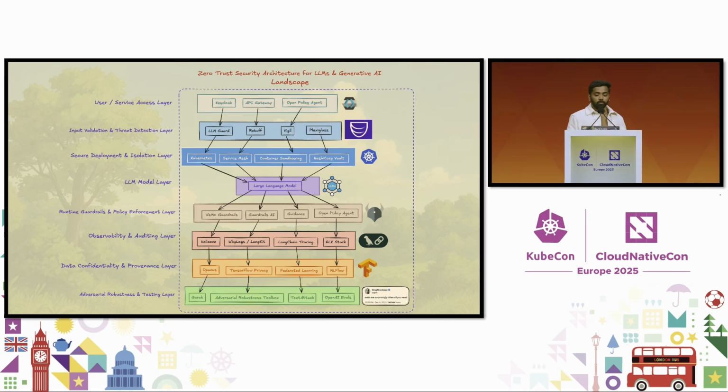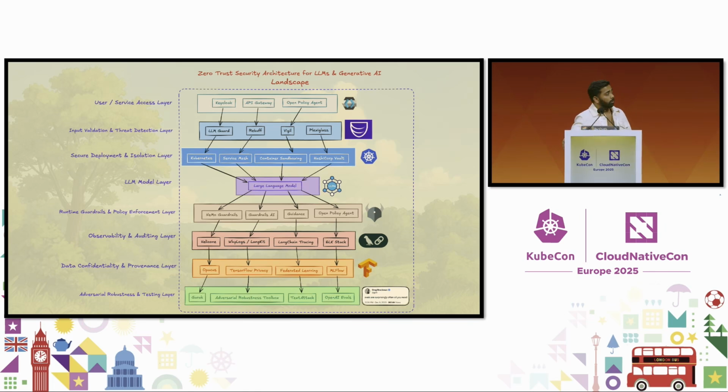Then we have input validation and threat detection, where we use tools like LLM Guard, Rebuff, and Vigil, which we talked about. This prevents prompt injection and also detects abuse patterns and inference probing.